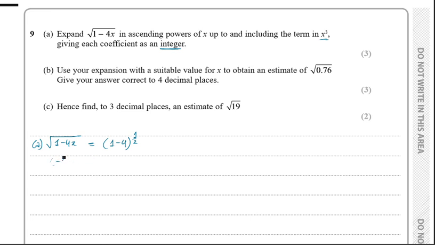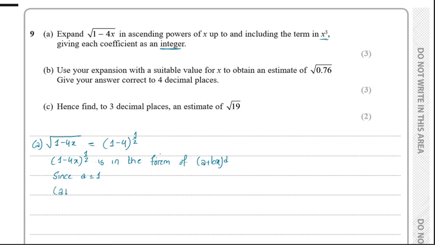And 1 minus 4x to the power half is in the form of a plus bx to the power d, where a is equal to 1, b is equal to minus 4, and d is equal to half.